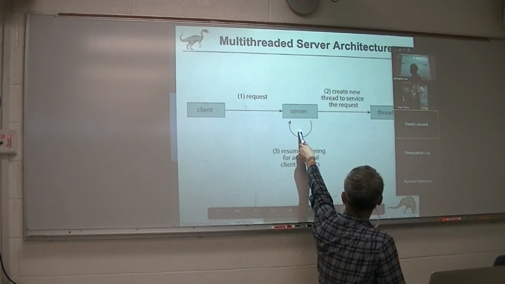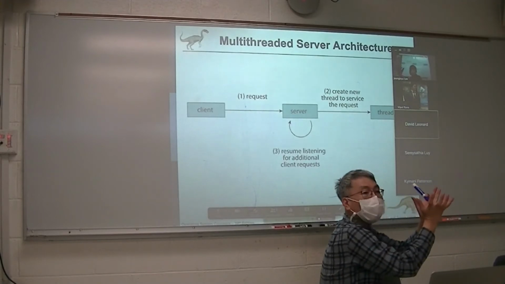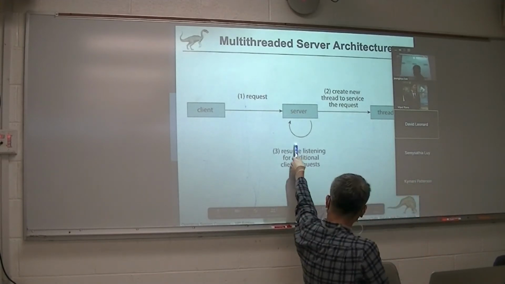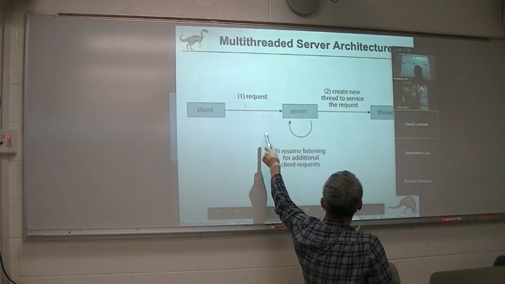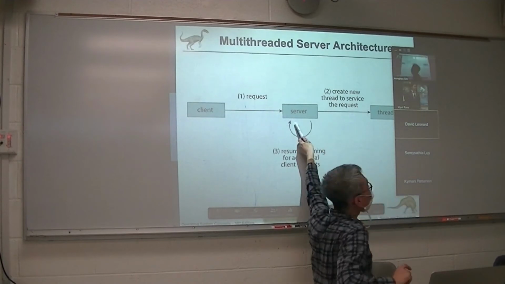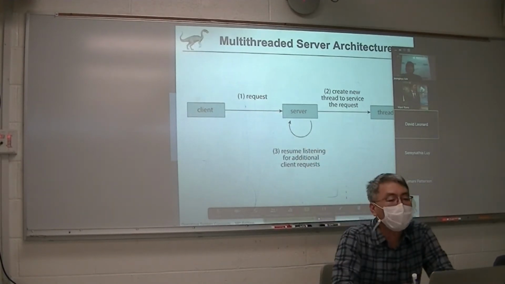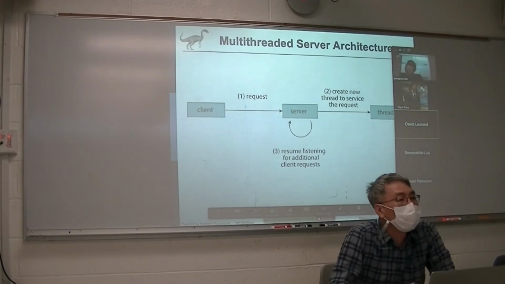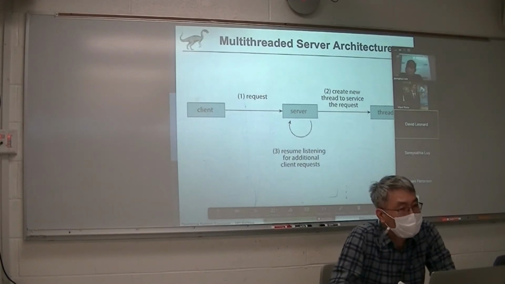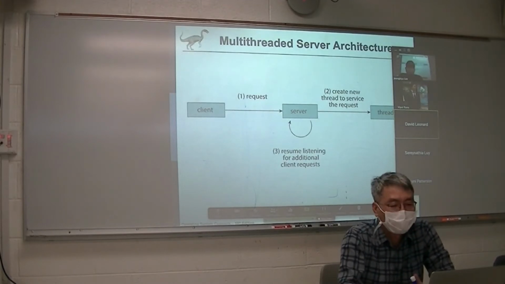Then the server allocates the thread-specific area and information, and the user gets that thread part. Then the server keeps receiving requests. This is called the multi-threaded server architecture. Java uses such a multi-threaded server architecture.